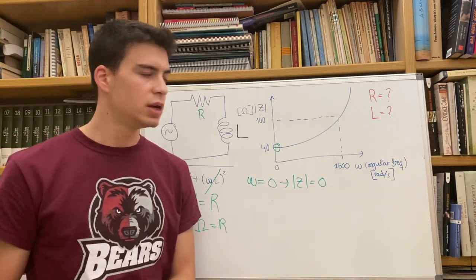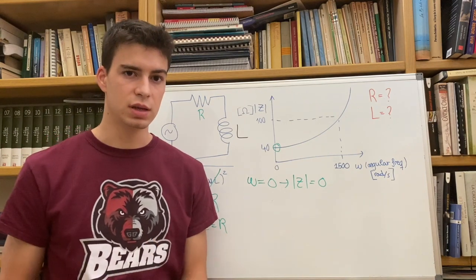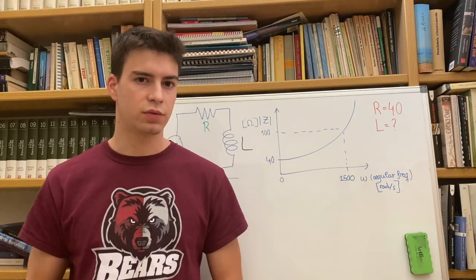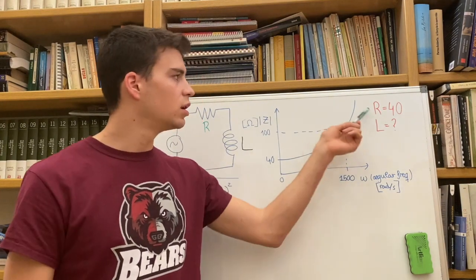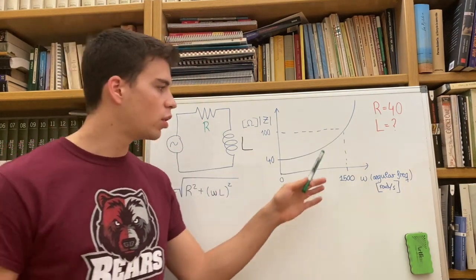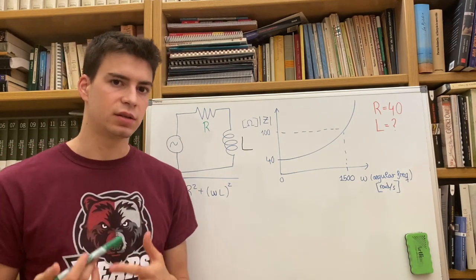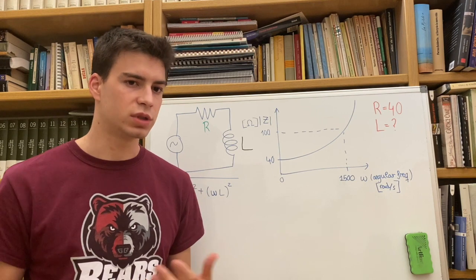Let's now begin part B, where we're asked to find the inductance. Now that we have solved for the resistance, we can just plug any point from the graph into our equation, isolate the inductance, and find the result.